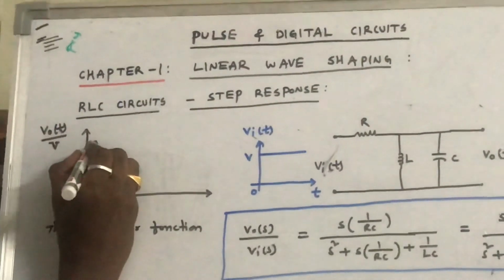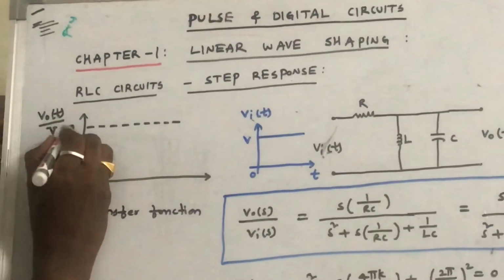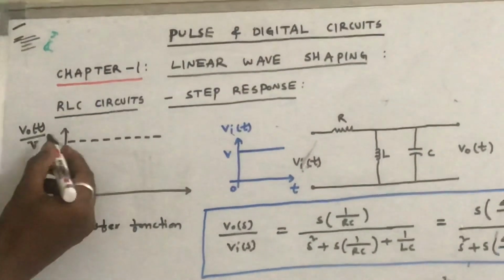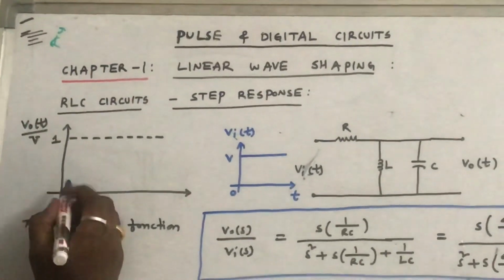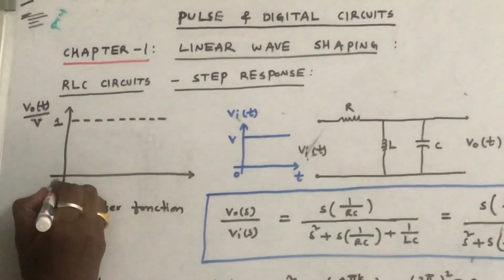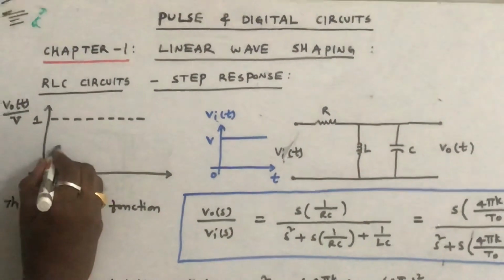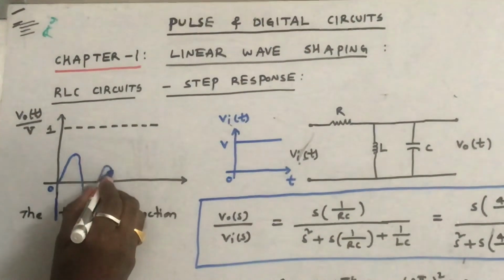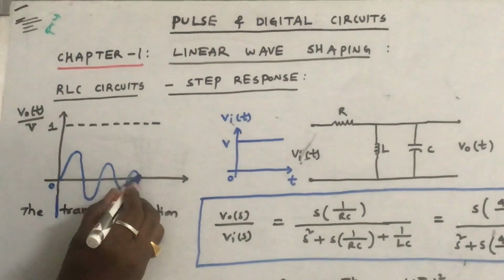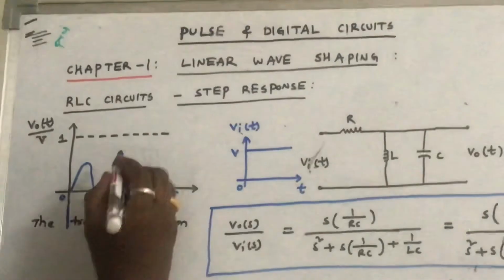This is your step input, the dotted line is your step input, of value 1, because we have brought V to this side. Now the nature of response, you can see that it will be something like this. The nature of the underdamped case, as you know the formula for this, the graph will be something like this, very very important graph.